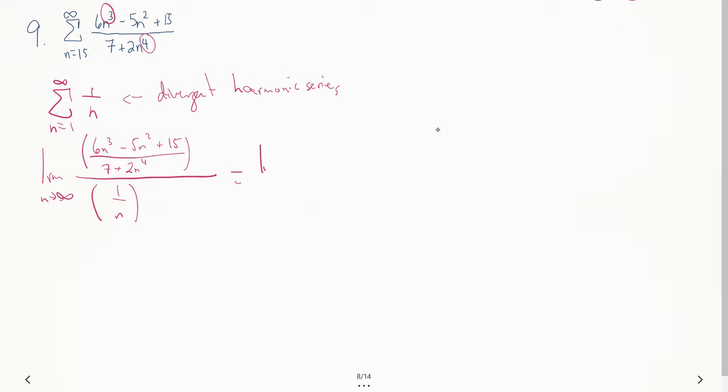And so this equals the limit as n goes to infinity. Now multiply that out, we'll get 6n to the 4th minus 5n cubed plus 15n, and then you'll have 7 plus 2n to the 4th.